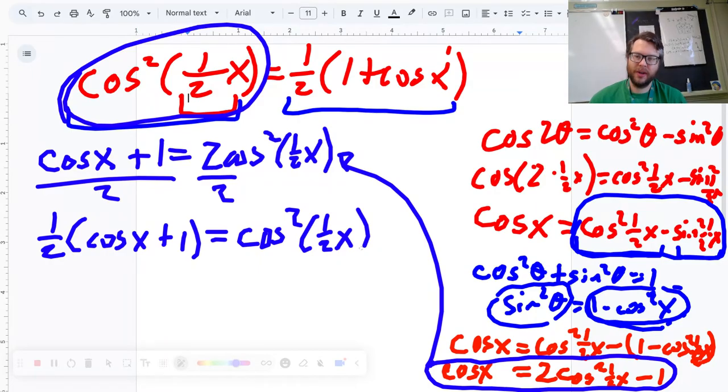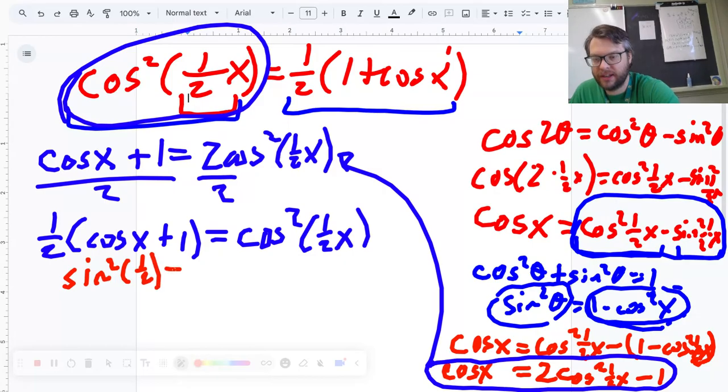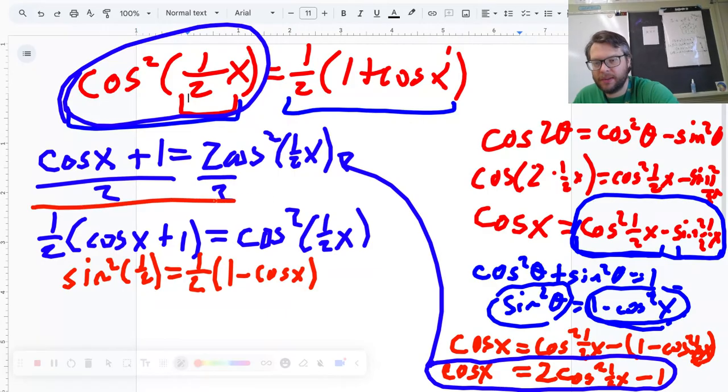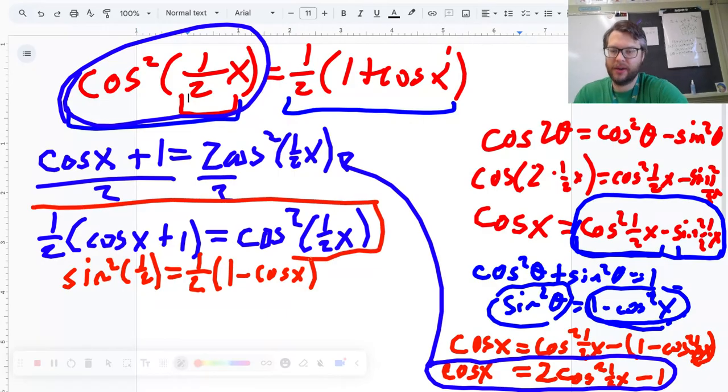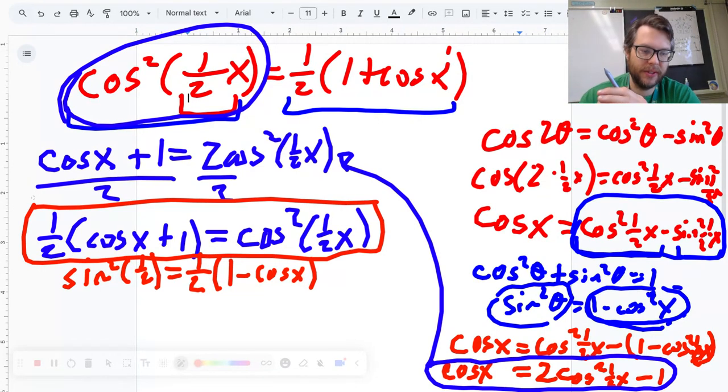Then the question actually had a part B on it, and we'll just use our answer here. The question had a part B, which was like prove that sine squared of 1/2 x is equal to 1/2 times 1 minus cosine x. Well, I'm just going to use this result that I just got already, because I know that sine squared is the same as 1 minus cosine squared.